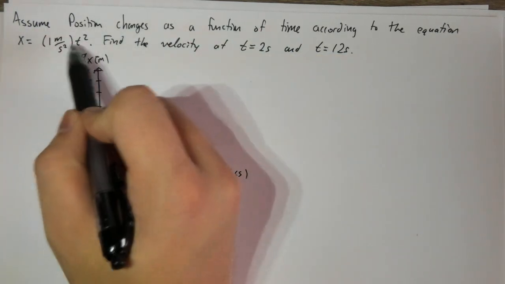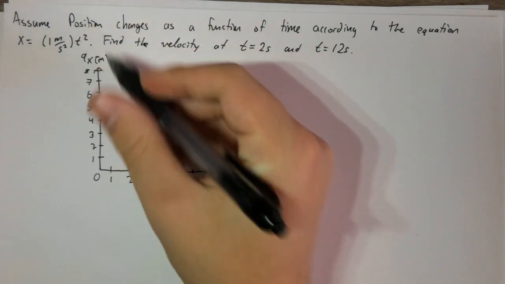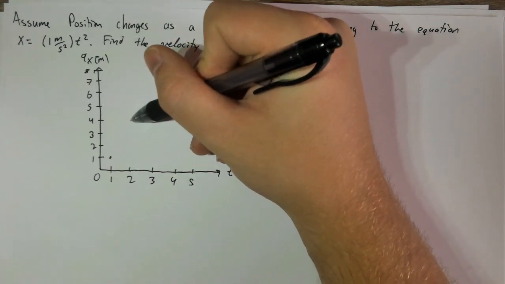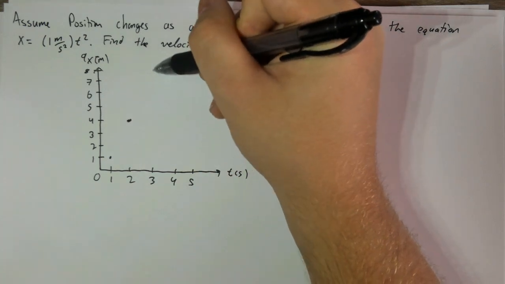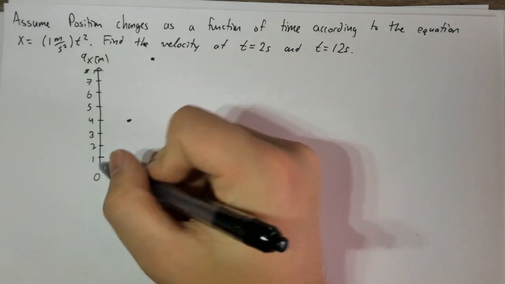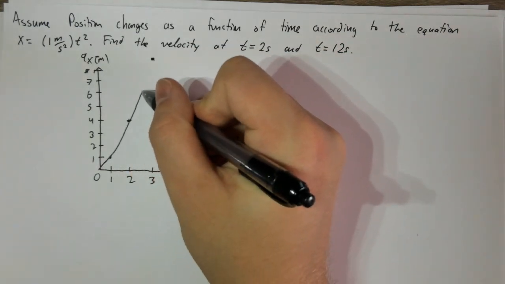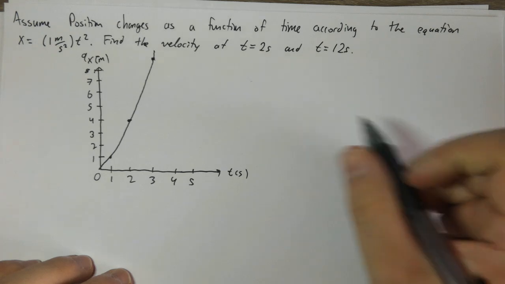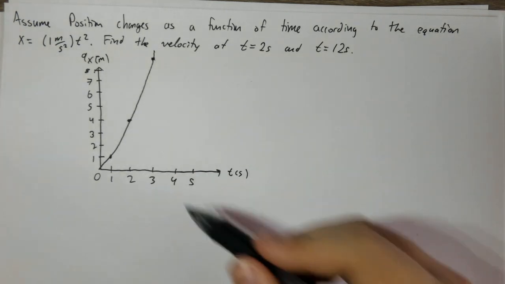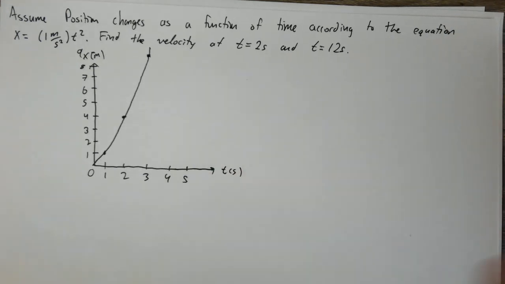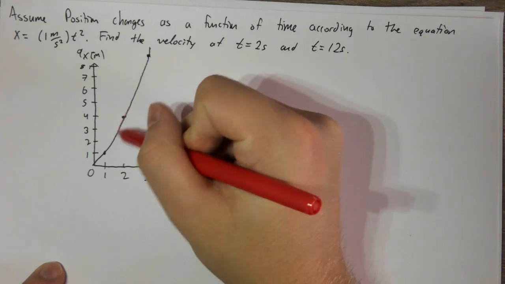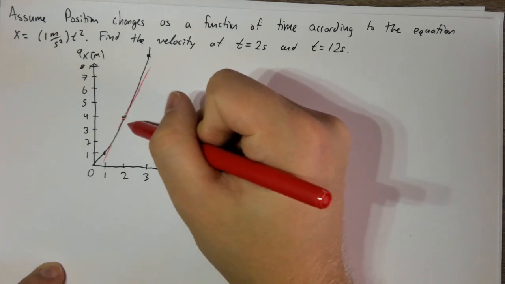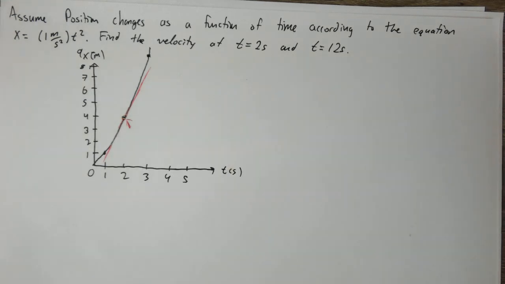And if you plug in t equals 1, you get 1. If you plug 2 in here, that's t squared, you get 4. Plug 3, you get 9, and so on. So you get a curve like this. And so we're asked to find the slope at t equals 2, which would be this red line here, which has a tangent at this point here.